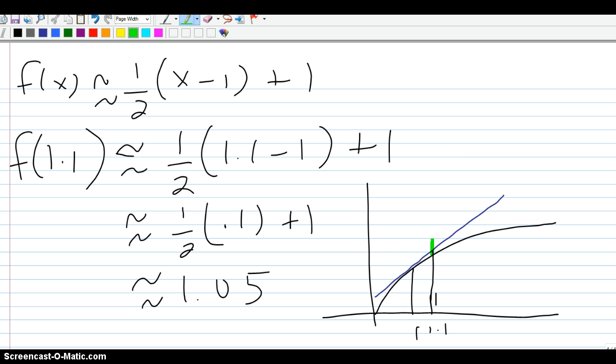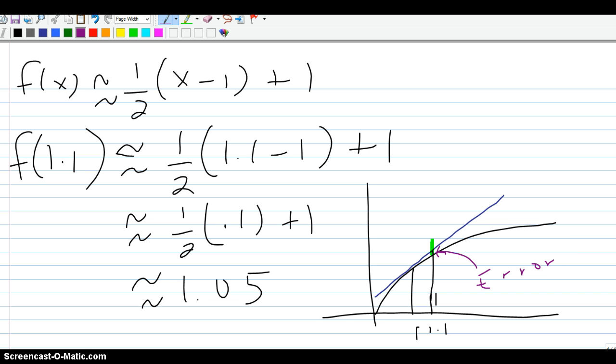Welcome back. Hopefully what you realized, if you checked it on your calculator, is that it is an overestimate. And the reason this makes sense is that our tangent line is above the actual graph. So this little spot in green, the distance between the tangent line and my actual function right in here, that distance actually represents the amount of my error.